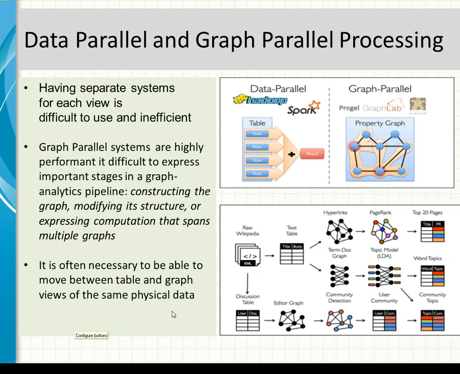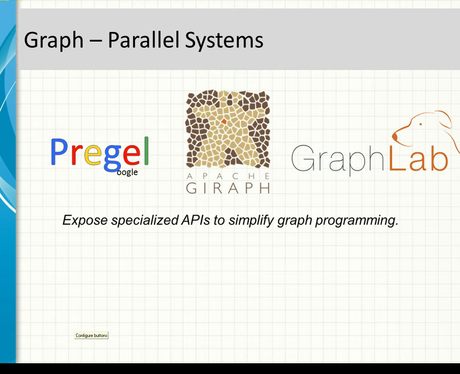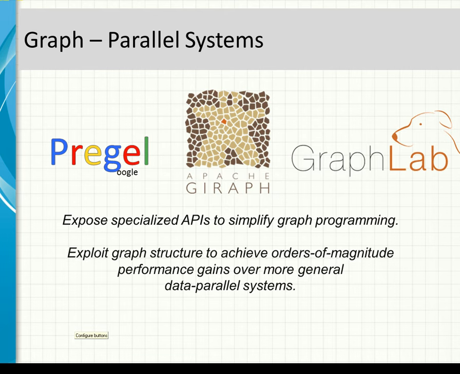With these two technology stacks, data parallel and graph parallel, that is not possible. Examples of graph parallel systems are Pregel, Apache Giraph, and GraphLab. They exploit the graph structure to achieve orders of magnitude performance gains over more general data parallel systems.